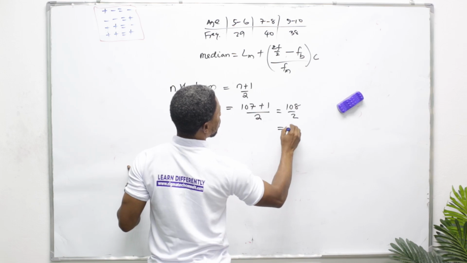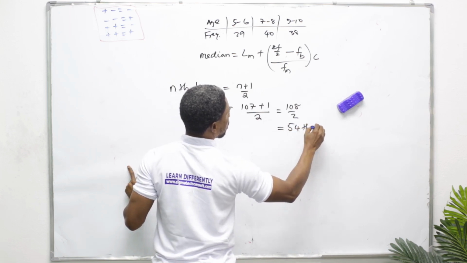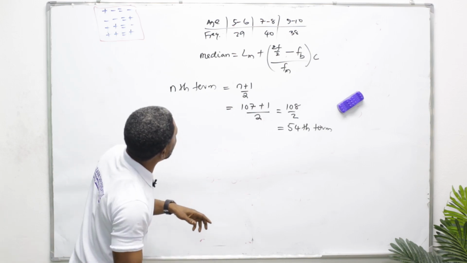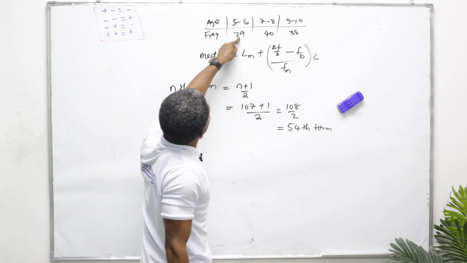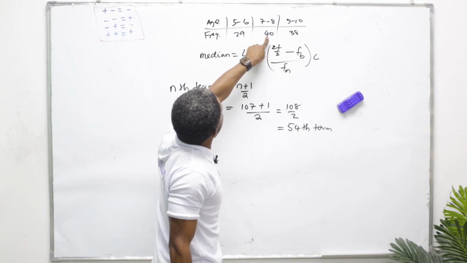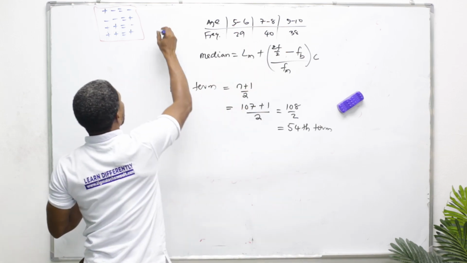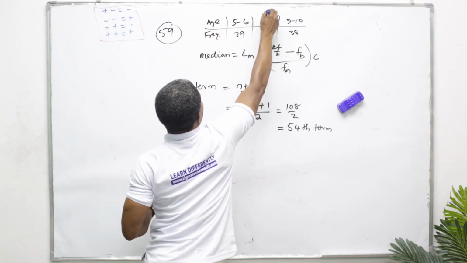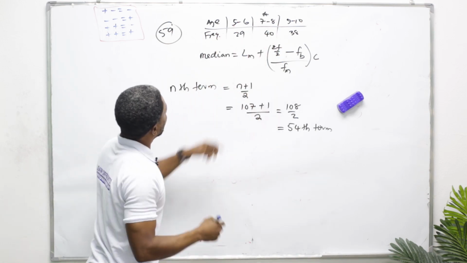So this is 54. Now this 54, where can we find it? If I add this to this, that is where I will find it. If I add it, that will give me 59. So it is here, and I can now get my lower limit.